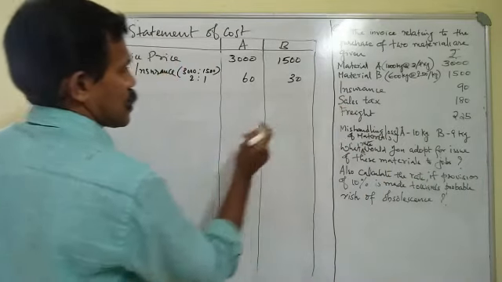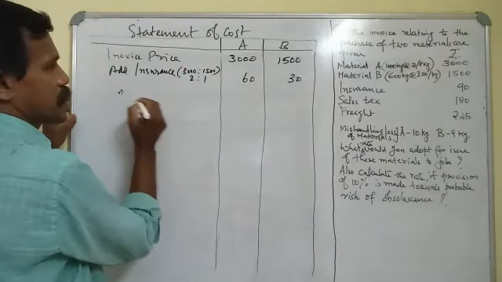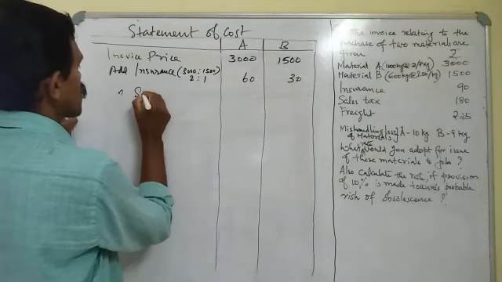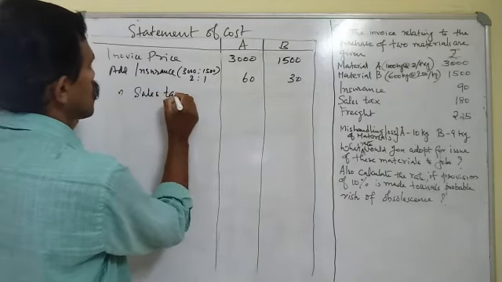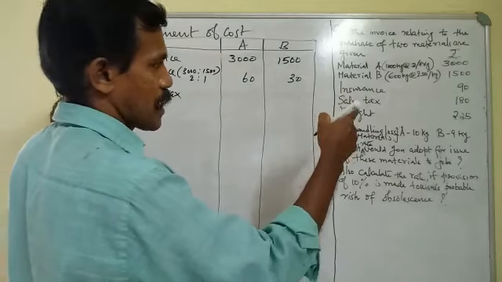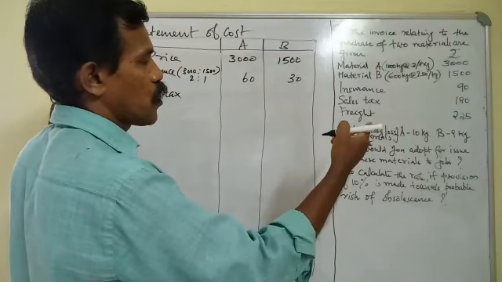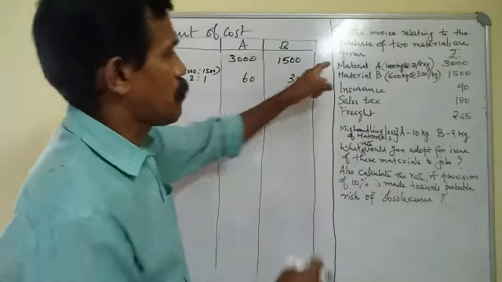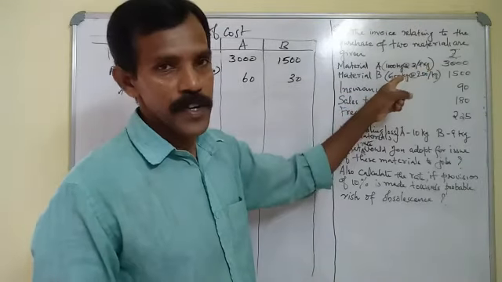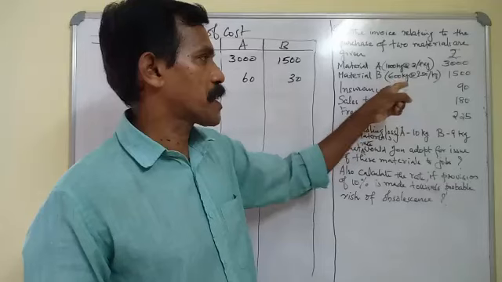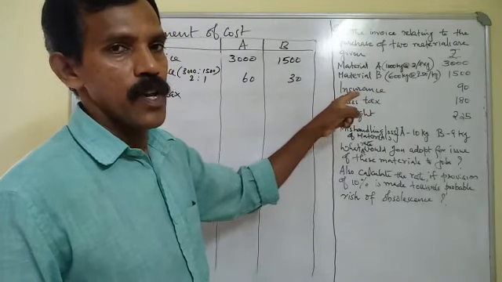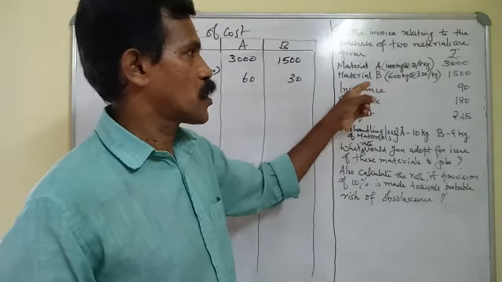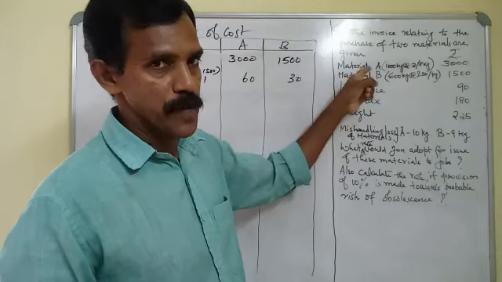Then our second item of expense, sales tax. We have to apportion that sales tax on the basis of our net purchase. Net purchase means our purchase price, invoice price minus trade discount. Here we have no trade discount, so here also our net purchase is equal to the invoice price.